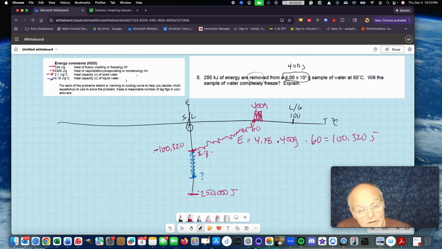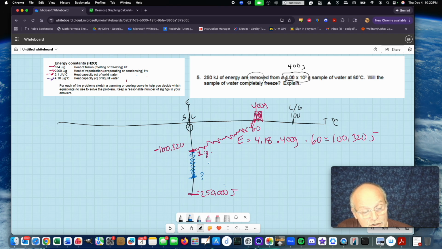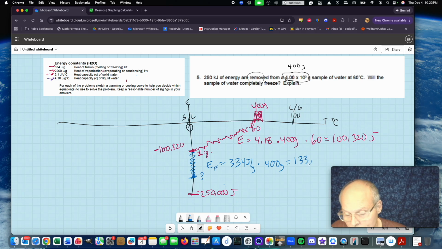Now, let's figure out the energy of fusion. So fusion is 334 joules per gram times 400 grams. That equals 133,600.